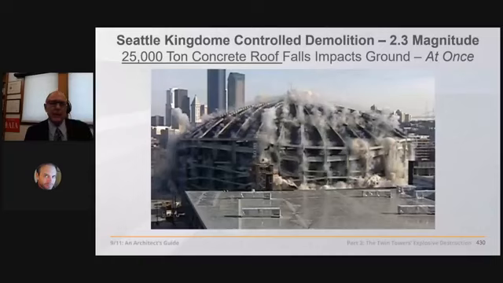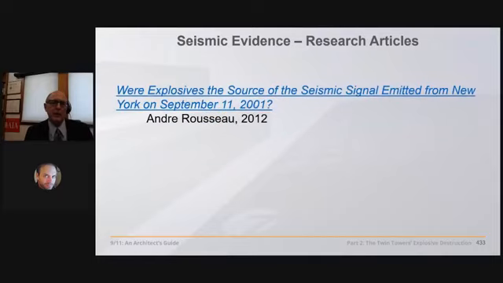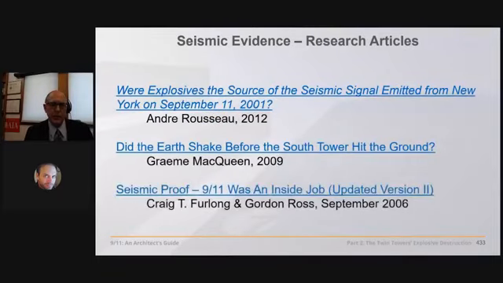So you can't compare apples to oranges here versus the North Tower, as we saw, over a 1,400 foot diameter around each of these towers. And the concrete's not even a component. So this is the work that you need to be looking at to go deeper into the seismic evidence.